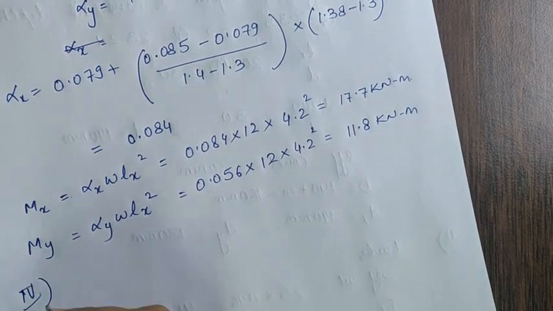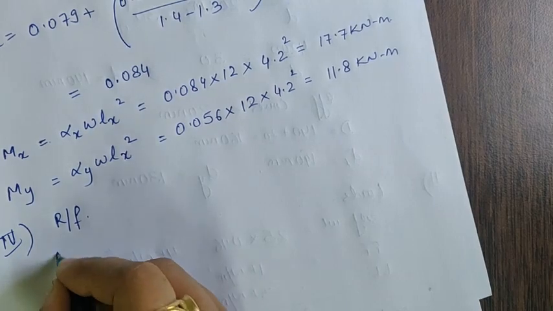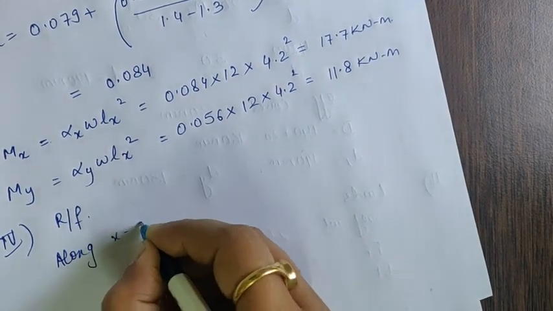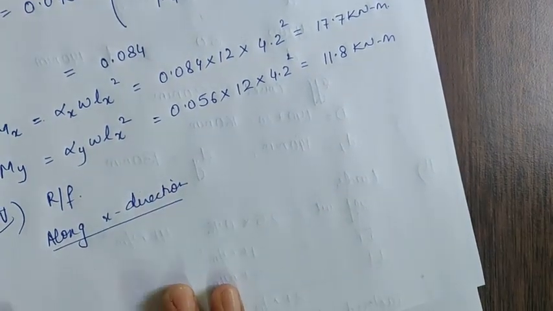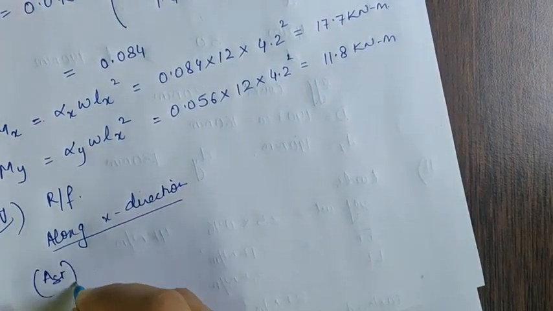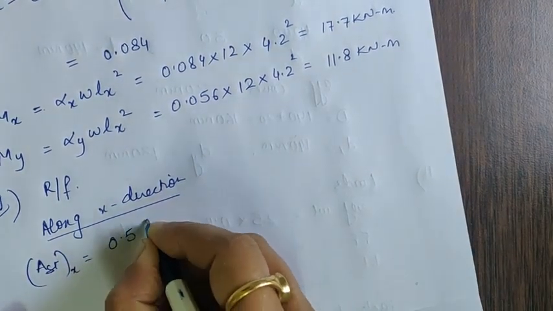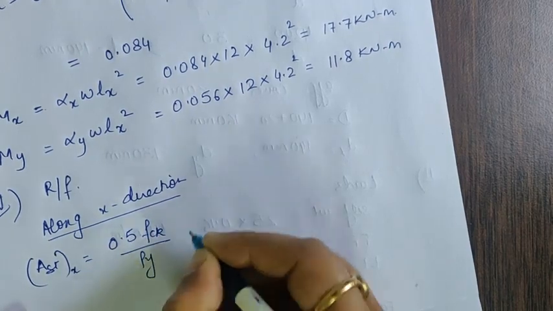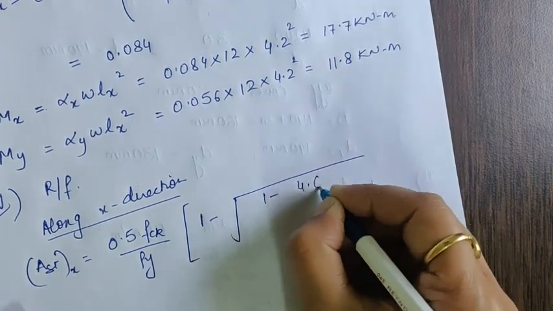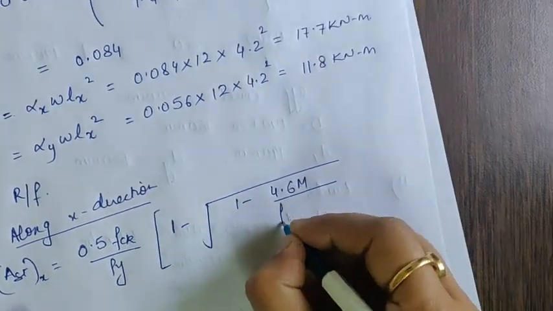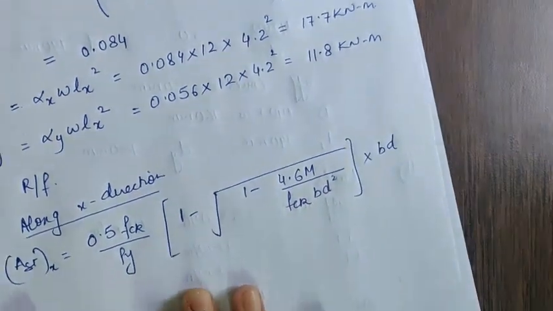The fourth step will be getting the reinforcements. So reinforcement along x direction. I'll be using the same formula as we have been using for quite a lot of time. 0.5 fck upon fy into 1 minus root of 1 minus 4.6 M upon fck b d square into b into d.